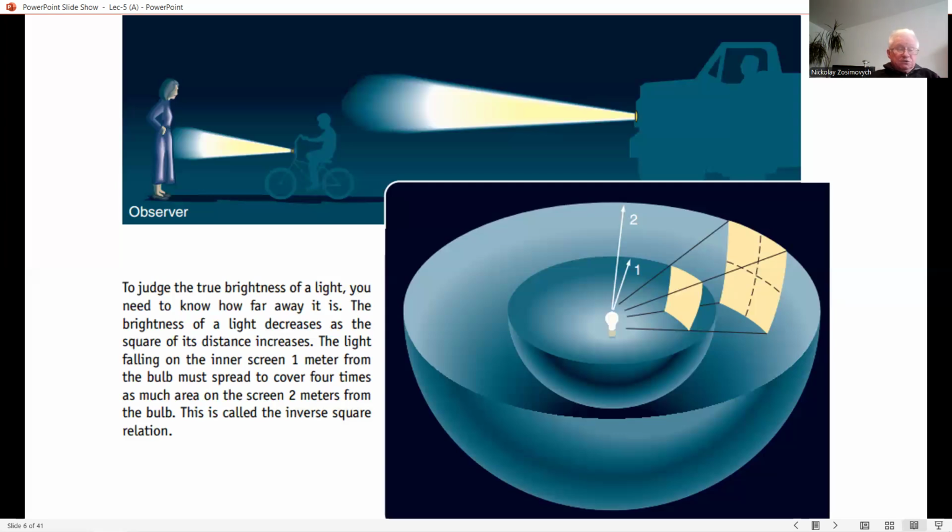Likewise, if you triple the size of the spherical screen, a spot on the screen would receive only 1/9 as much flux. The flux is inversely proportional to the square of the distance from the source. This is known as the inverse square relation.